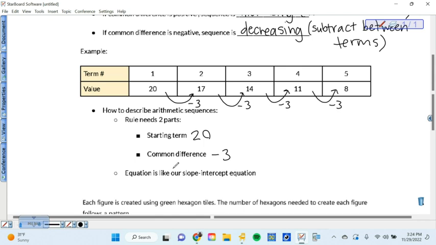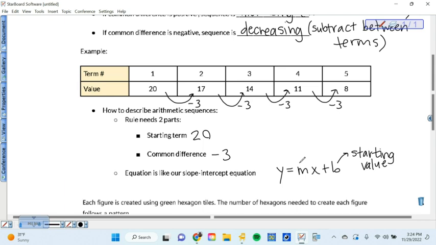But then I can also write an equation. And my equation looks just like my slope-intercept equation, y equals mx plus b. And we just talked about this. What's b tell me? Yeah, my starting value. And what is m?